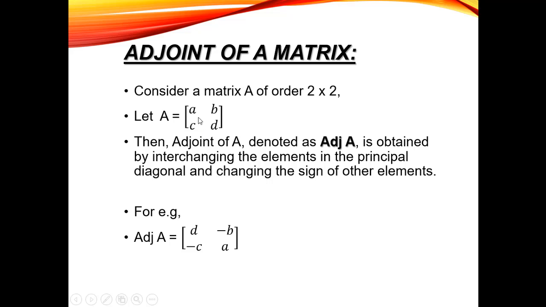That means they interchange their positions, and other than a and d, all the other values change their signs. b is positive, it will become negative b, and c is positive, it will become negative c. This is known as the adjoint of that matrix.